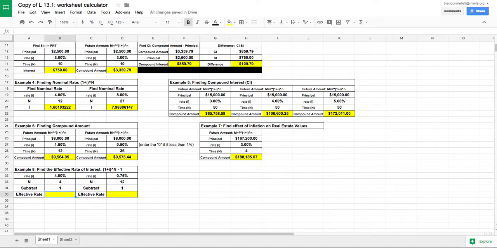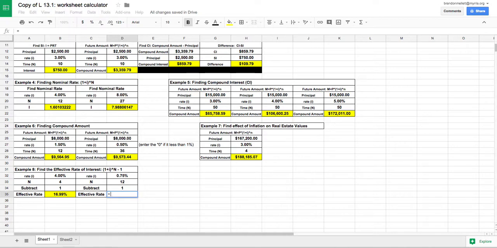All right, let's go ahead and calculate this out. So let's go equals, parentheses, 1 plus I, parentheses, exponent n minus 1. Let's do this next one.